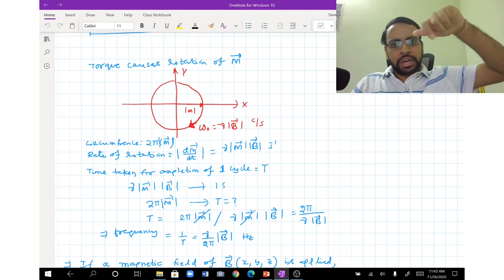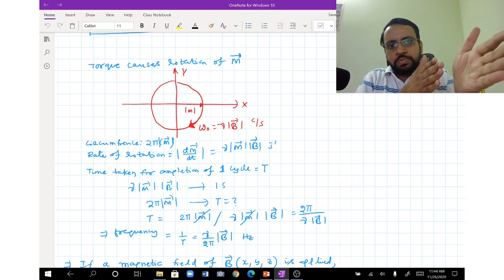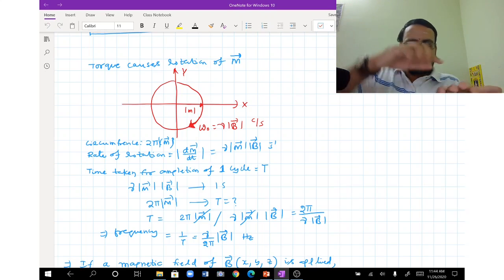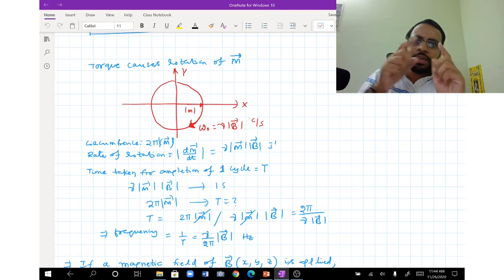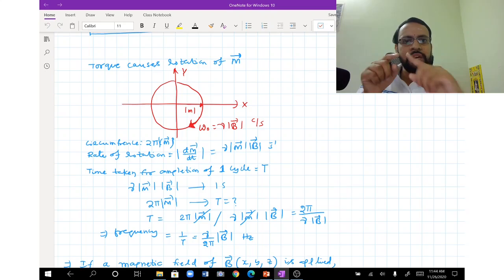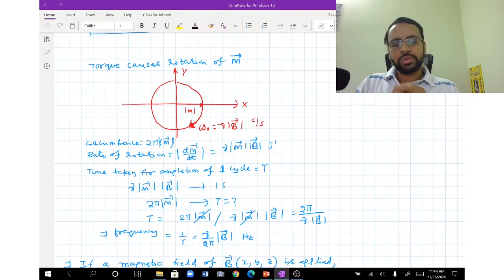Imagine a top which you made rotate, and if you poke it and leave it, the angle at which it rotates with respect to its z axis is going to vary.